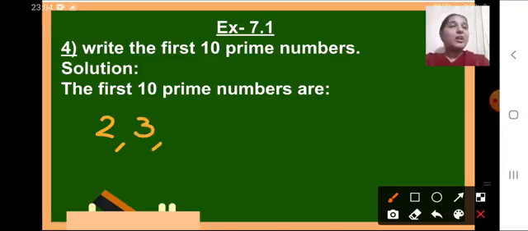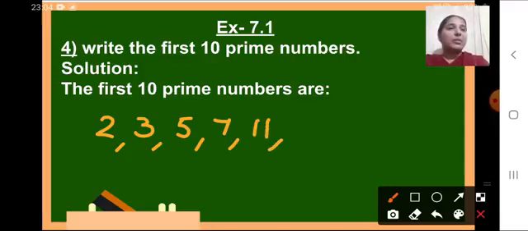No, that is a composite number. After 4, 5 is a prime number, then 7, then what about 8, 9 and 10? Are they prime? No, they are composite. Then 11, it's a prime number.